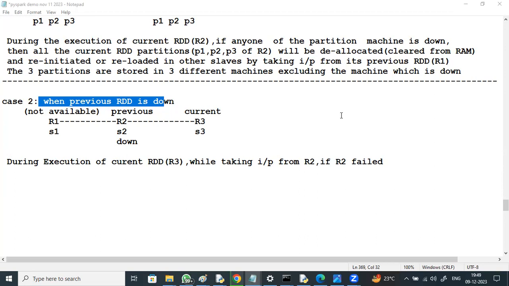P1, P2, P3 transform data based on R2. R1 is your data set. On R1, if you have performed some operation, R2 got created. R2 might have the same number of partitions as R1, or less than or equal to.